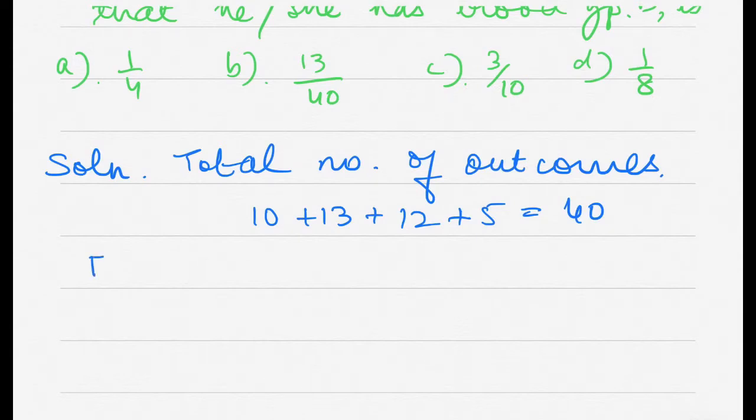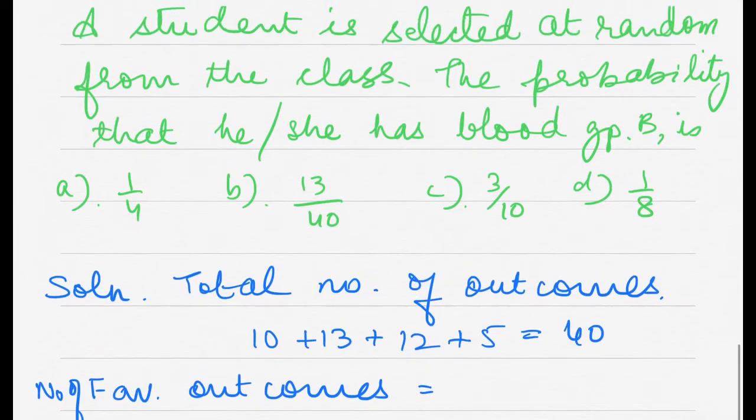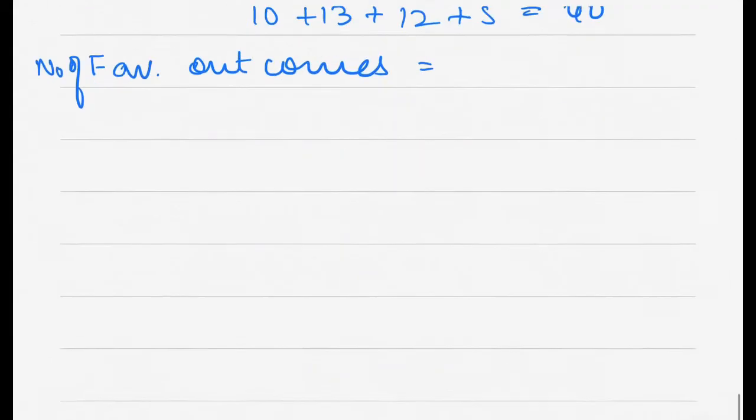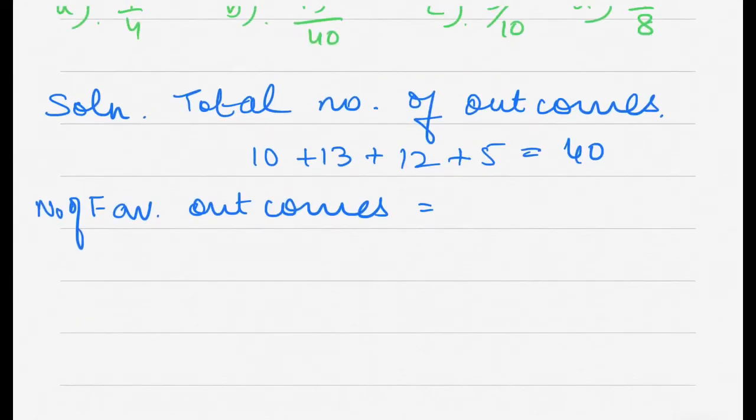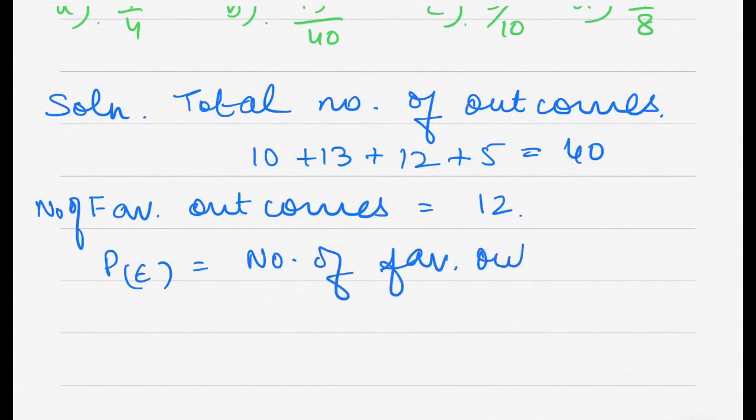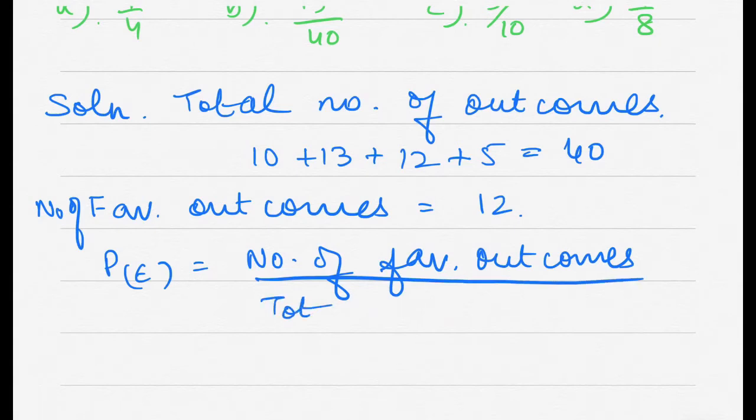Okay, now they say blood group B. So my number of favorable outcomes will be equal to, they have given directly in the table, B is 12, right? So favorable outcomes of getting blood group B is equal to 12. Now my formula: probability of an event is number of favorable outcomes by total number of outcomes.